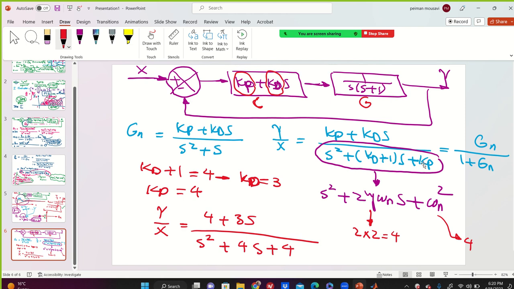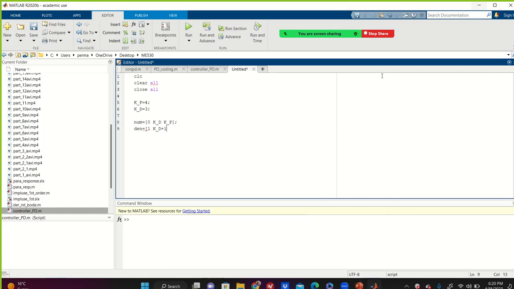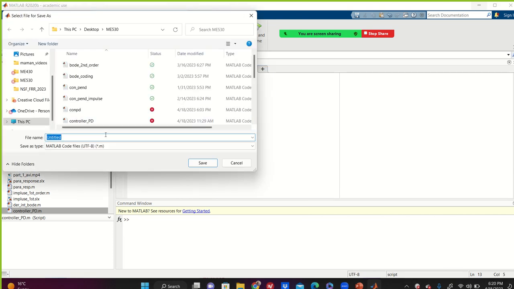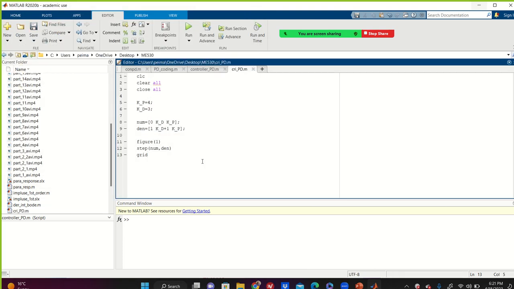Here we go. So if I say figure 1 and step num and den, and I give it the title critically damped PD controller in ME530. Okay.